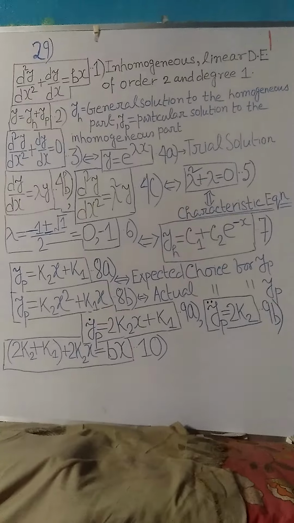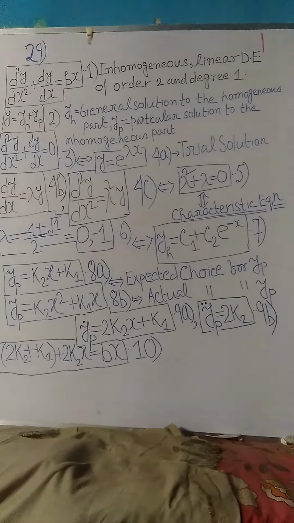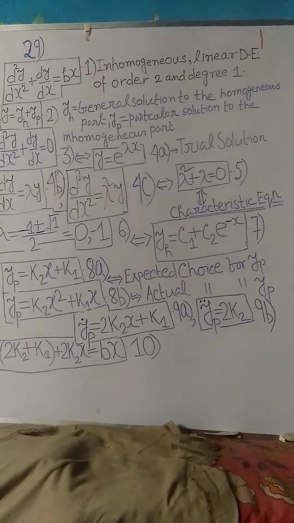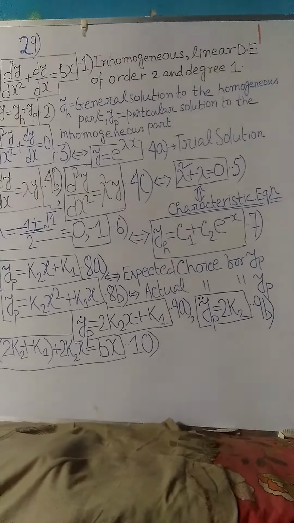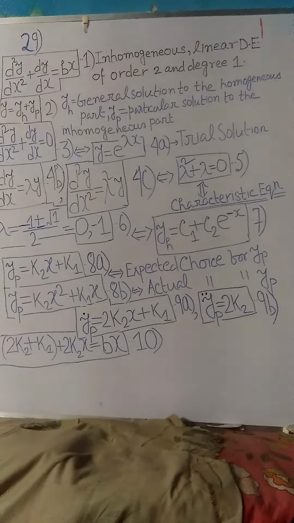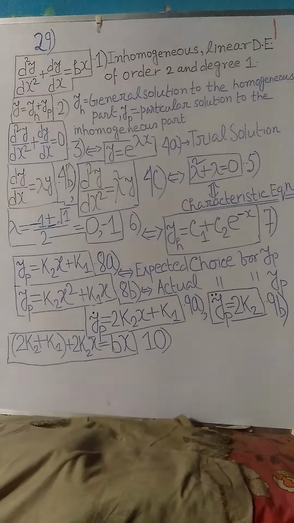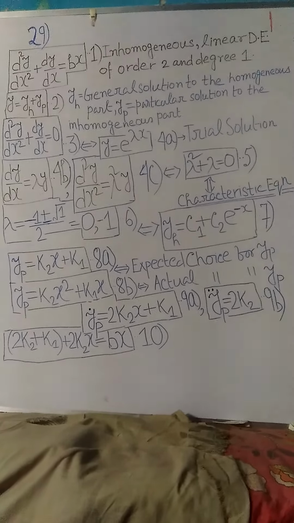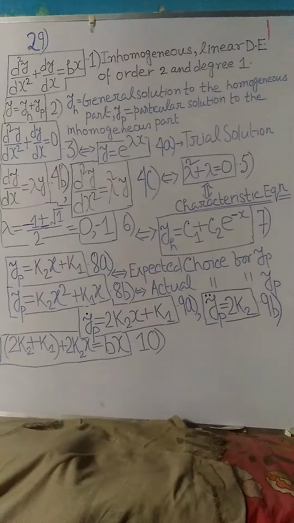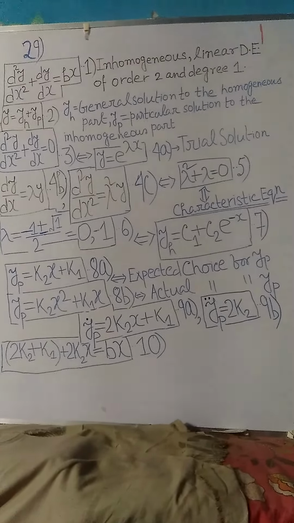First, the solution to the homogeneous part expressed through equation 3 will be done. To solve equation 3, equation 4a represents the trial solution. From equation 4a, the derivatives are found as in equations 4b and 4c.